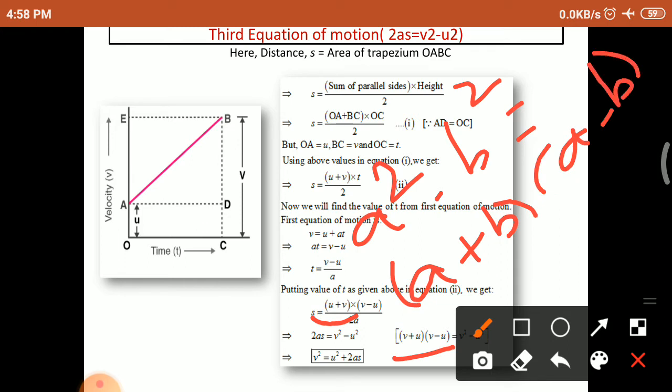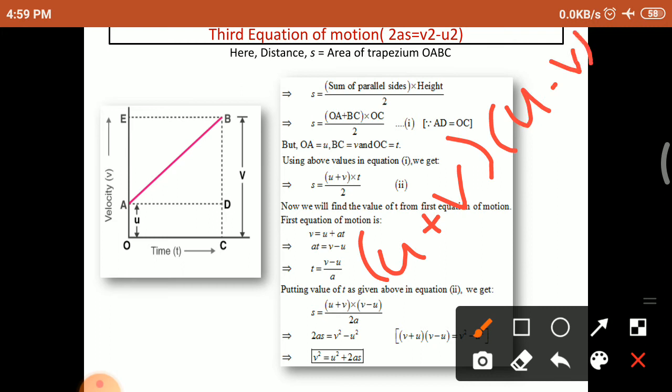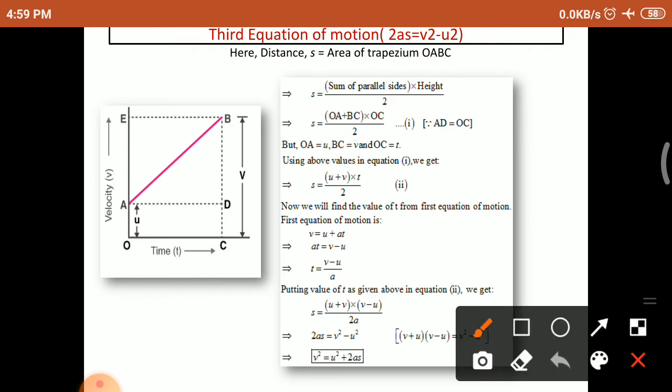The same as here, u plus v and v minus u. So we can write v square minus u square.